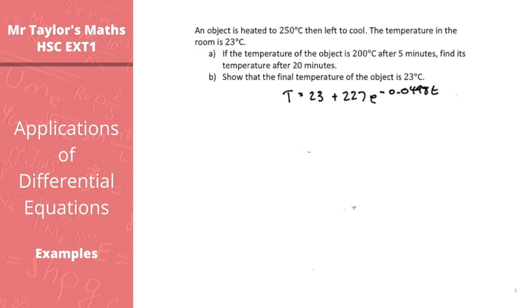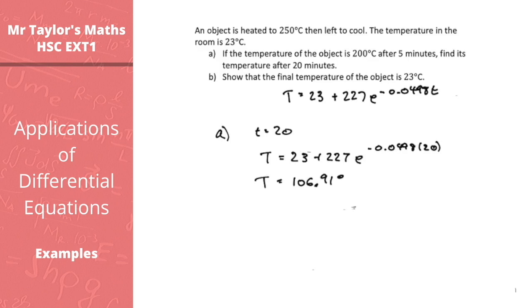So find its temperature after 20 minutes. So t is 20. So capital T is 23 plus 227 e to the minus 0.0498 times 20. Don't use that rounded k value though, guys. Make sure you actually plug it in. 106.91 degrees. Okay, so approximately 107. And for part B, show that the final temperature is 23.